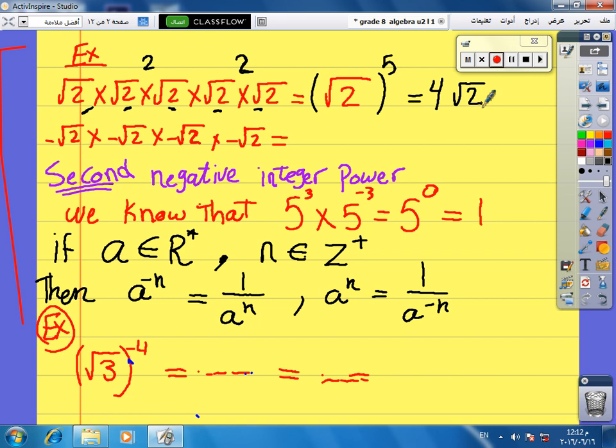Another example here. What is repeated here is negative root 2. How many times are repeated? Let's see. 1, 2, 3, 4. I repeated 4 times. Here we have studied another rule. When we have even power, cancel the negative.